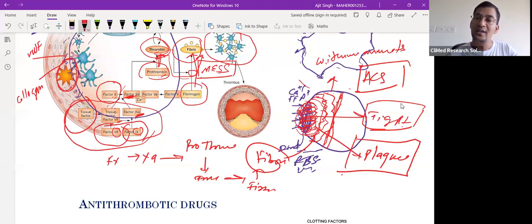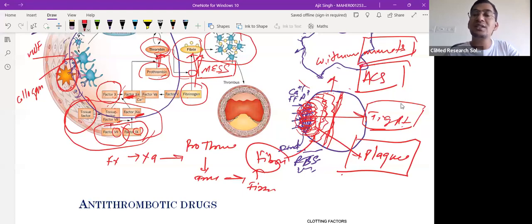Okay, that's why we need patients to reach hospital as soon as possible, because this plaque is forming very fast. Okay, and that can kill the patients within minutes, within hours. I mean it takes just minutes to get strengthened and to stop the complete blood flow in the vessel.